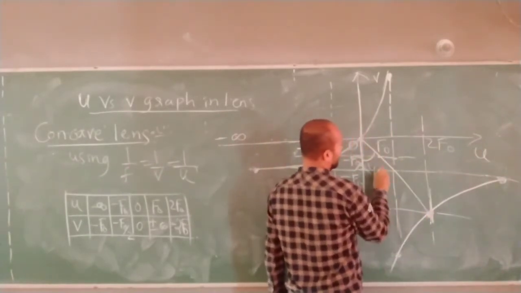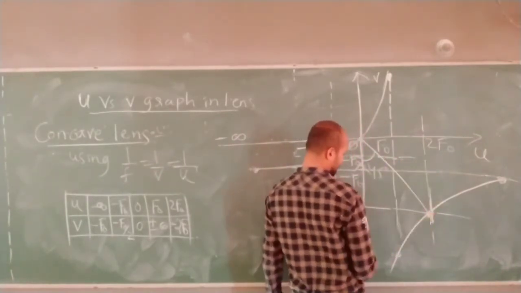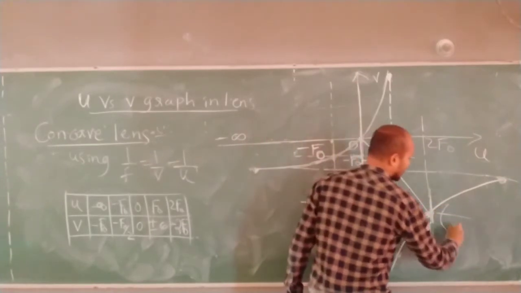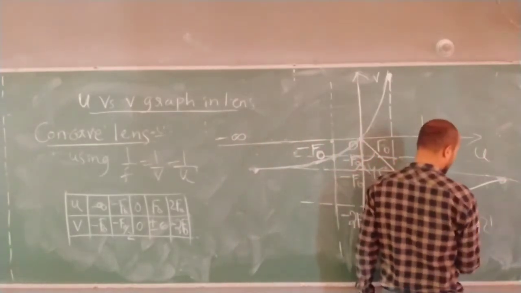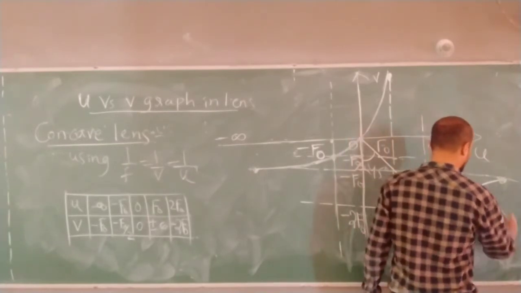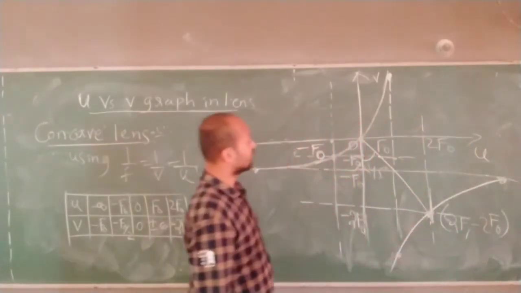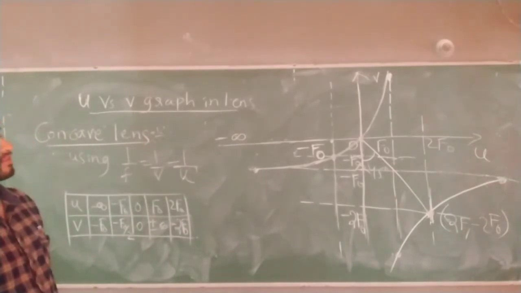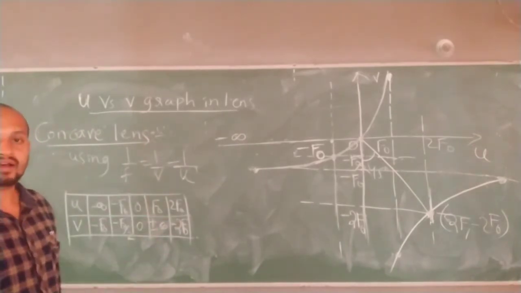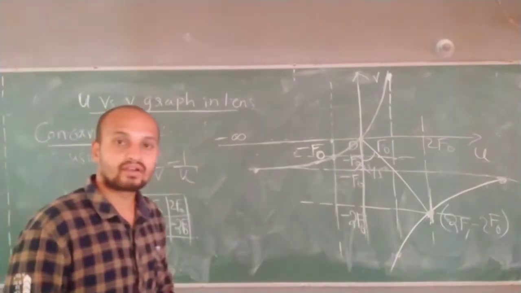If you join a line making angle 45 degree, what are this coordinate and this coordinate? 2f0, minus 2f0. Yes or no? So 2f0 along x-axis, minus 2f0 along y-axis. So this is how you need to find.